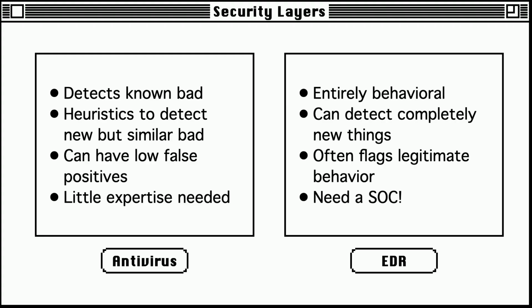EDR, on the other hand, is entirely behavioral. So it's looking at what's going on on the machine, and it's deciding, oh, hey, I see this thing that's really doing something suspicious. There's something shady going on here. It doesn't necessarily tell you this is absolutely 100% bad. And because of this, EDR can detect new things.